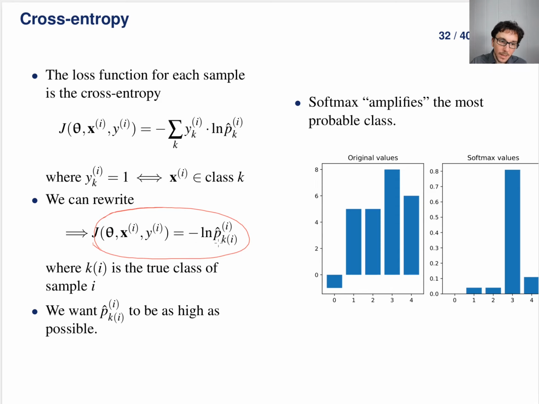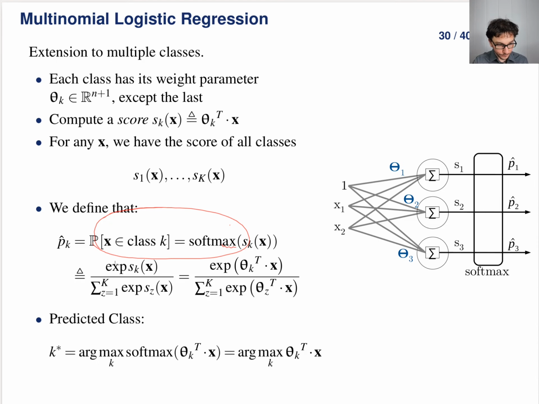This loss function depends on this predicted probability p hat. This is the predicted probability of sample i of being of class k_i, where k_i is the true class. Observe that the predicted probability is the thing that we computed before, passing through the softmax, and which of course depends on these weights here.